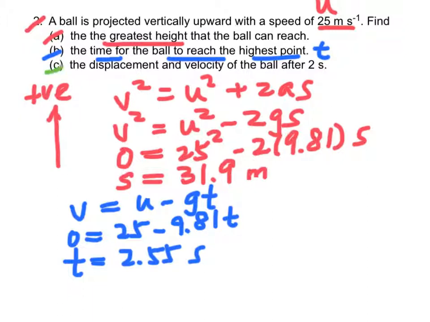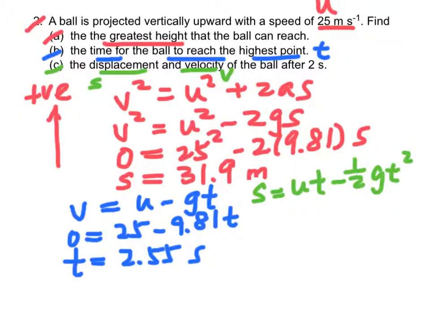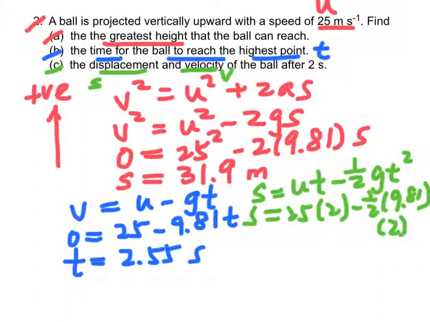For part C, let the displacement be s and the velocity be v. We have s equal to ut minus half gt squared, which is s equal to 25 times 2 minus half times 9.81 times square of 2.